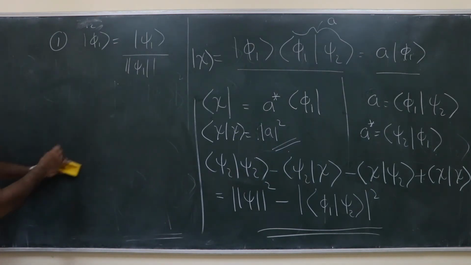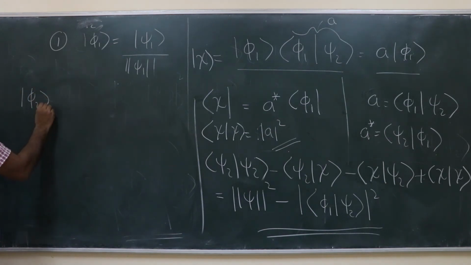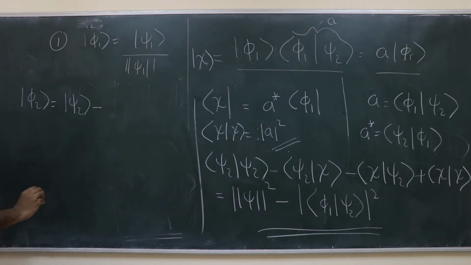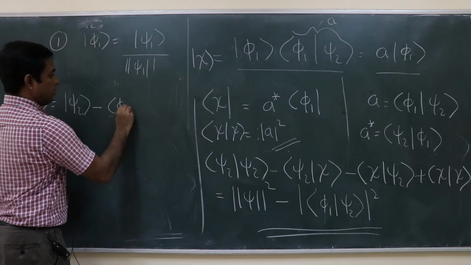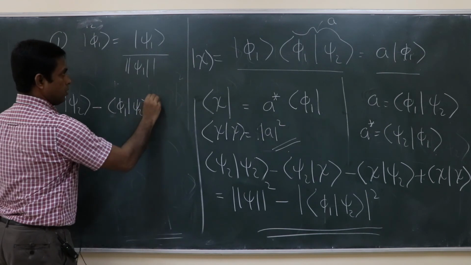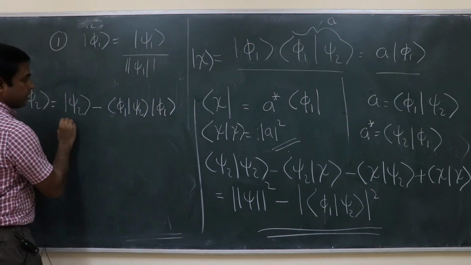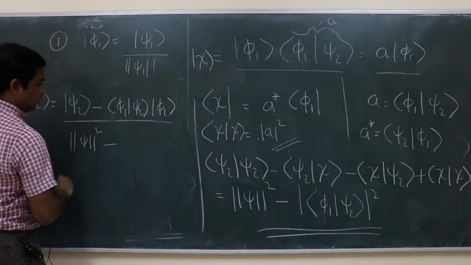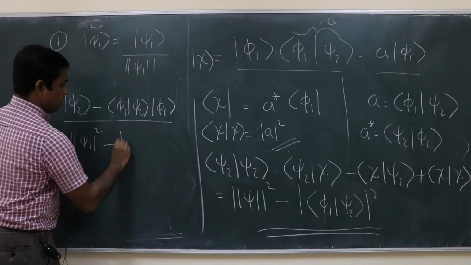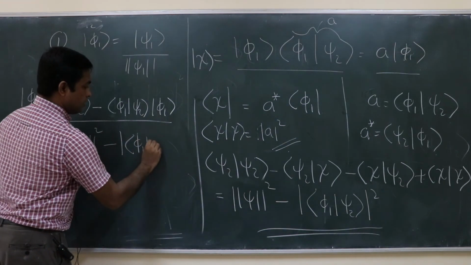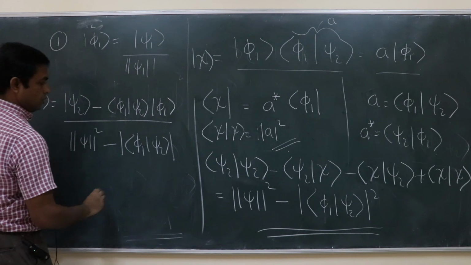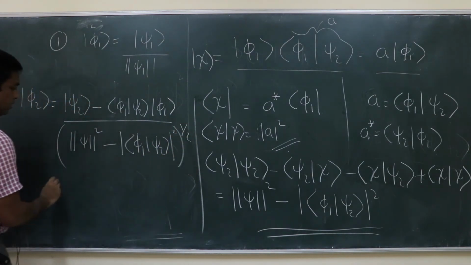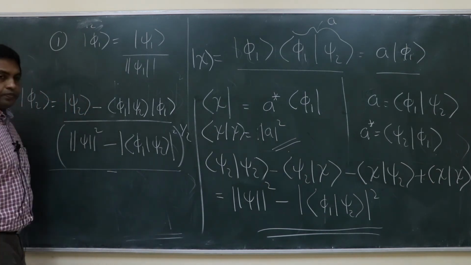The second vector, you call it phi 2, which is equal to ket psi 2 minus phi 1 psi 2 ket phi 1, divided by the norm of the square of psi square minus modulus phi 1 psi 2 square, power 1 by 2. So this is the second one.